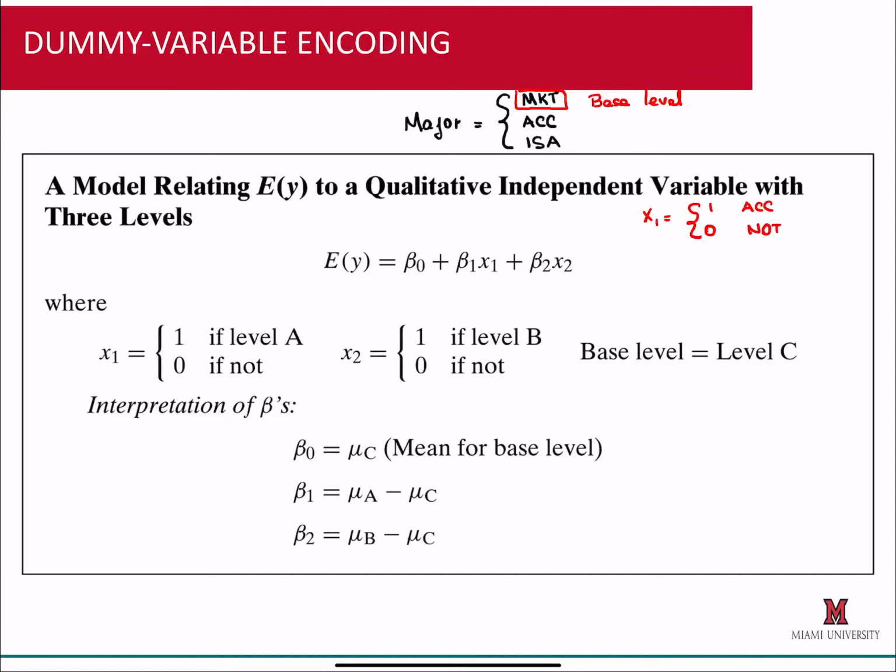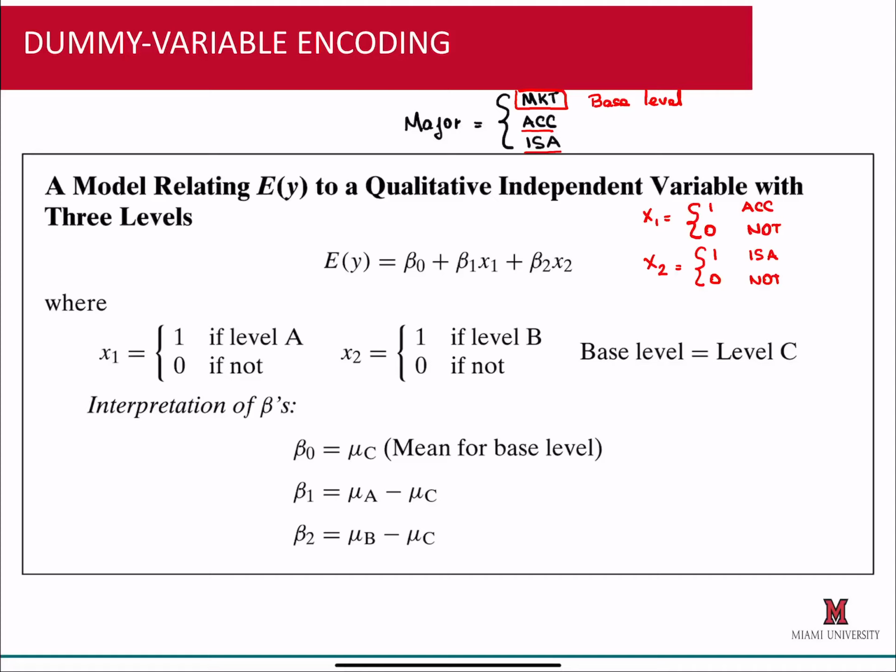Remember, we're just wanting anything else other than accounting. Then we created the dummy variable for accounting. Now we need a dummy variable for ISA. Let's call it x2. It's going to be equal to 1 if the individual has an ISA major and 0 if not.